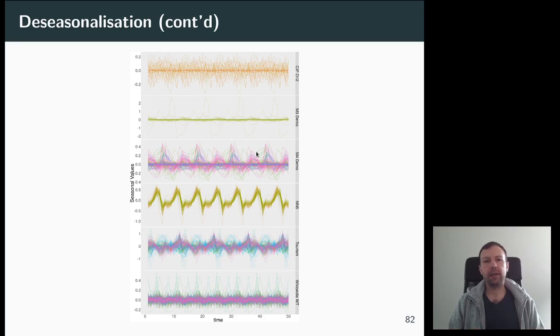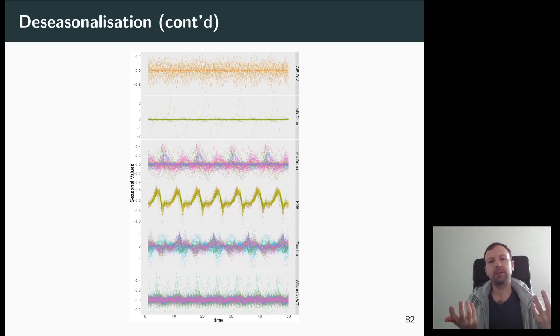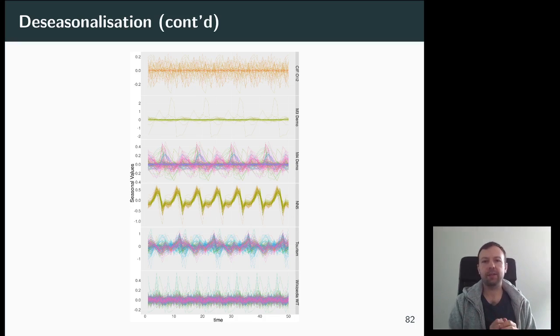So you see here that the seasonal components are just vastly different, also up here in the CIF data set. Whereas in the NN5 data set, they seem to be all the same. So basically all the series, actually the NN5 data set, that's daily ATM withdrawals across different ATMs in the UK. And you see they all follow roughly the same pattern.